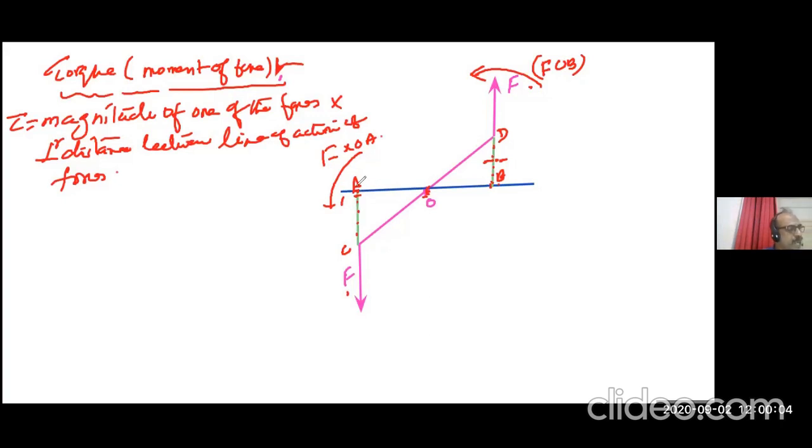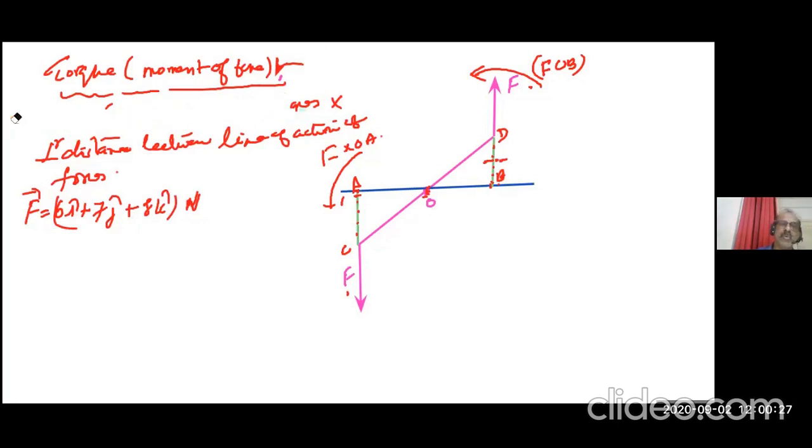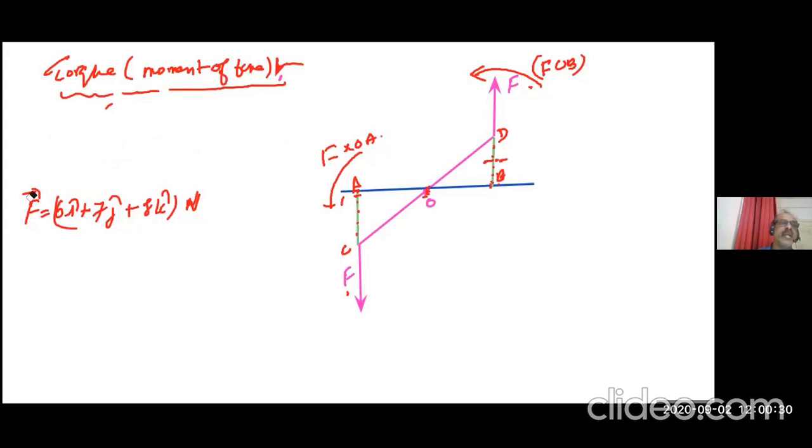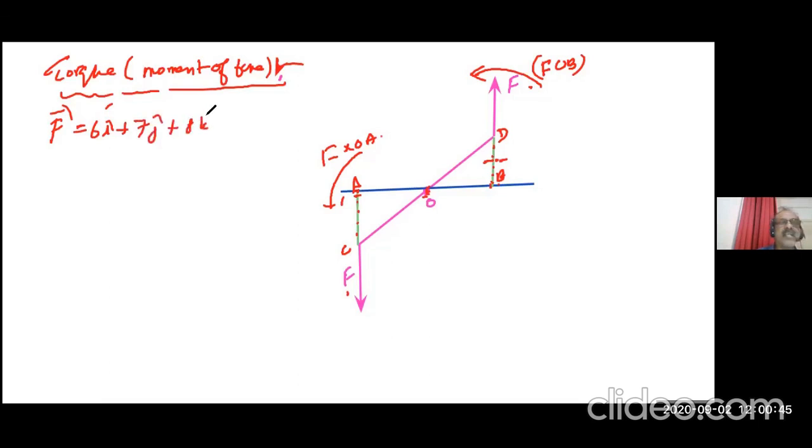The component of the force acting on an object is vector F is equal to 6i plus 7j plus 8k Newton, and position vector r is equal to 3i plus 7j plus 8k.